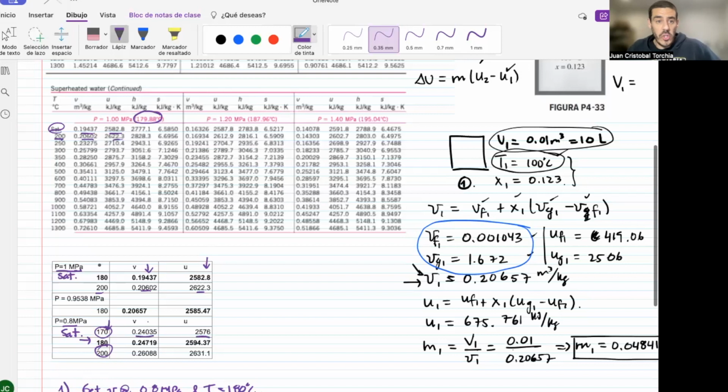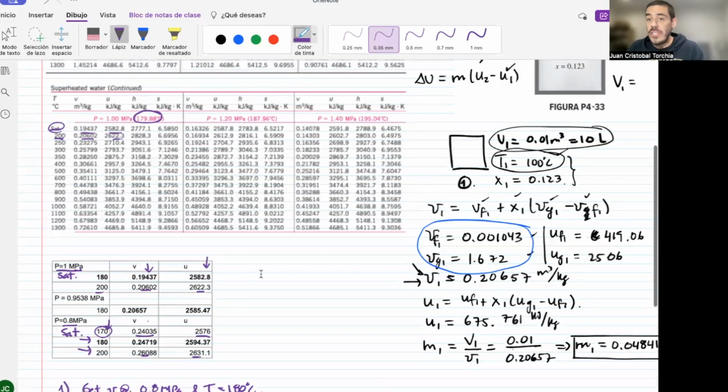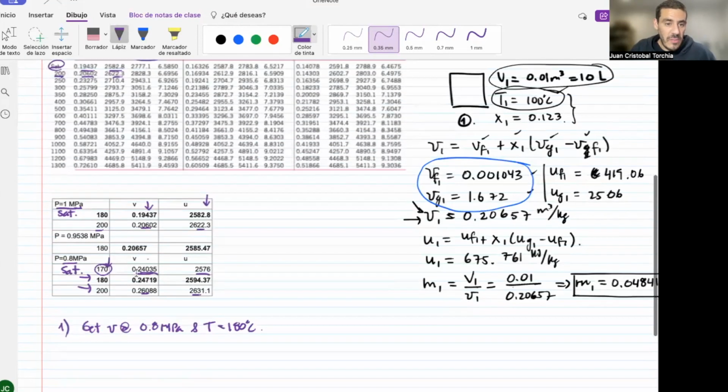And then the table shows me the one for 200. So it's actually showing me for 200. And I have also written the specific volume and the internal energy. So what I need to do is to prepare everything at 180 degrees Celsius. So I need to interpolate. The first thing that I need to interpolate is this one here, which is actually getting the specific volume at 180 degrees Celsius and 0.8 megapascals, okay?